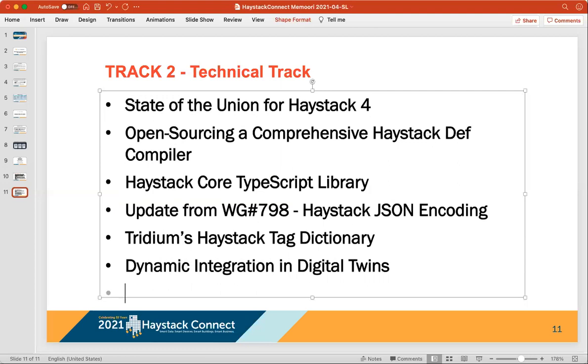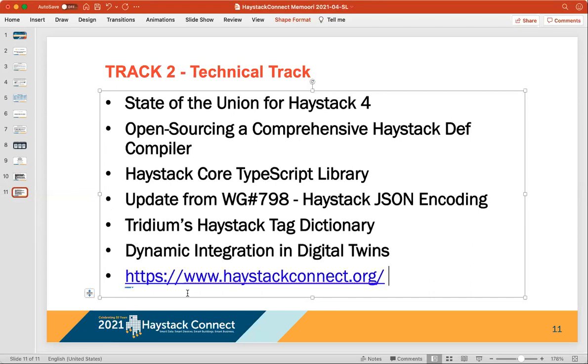By celebrating our 10 year anniversary, it just shows that we're keeping along, and things do change as this journey continues for everybody in the data world. Absolutely. Obviously a good opportunity to learn more, haystackconnect.org. Yeah, and get involved, or at least get your learning curve of what's going on with Haystack and how you can get involved.